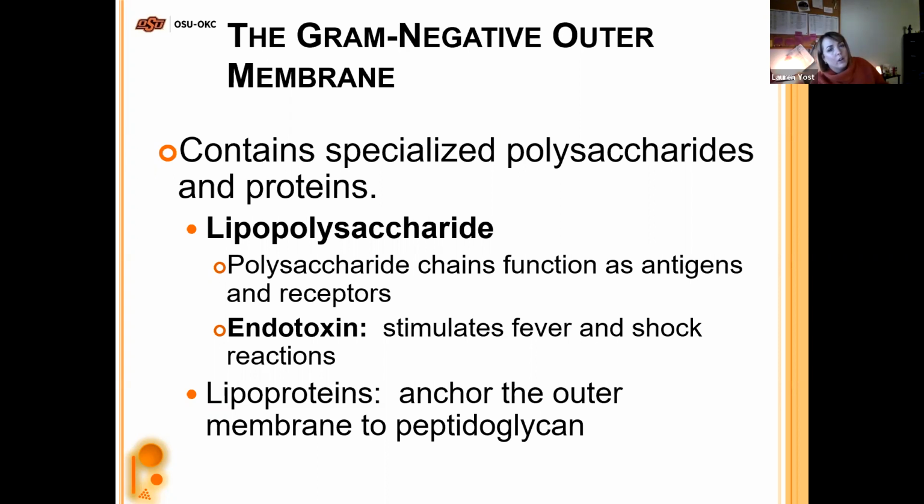Now we've got endotoxin. If you hear endotoxin, you need to think gram-negative. Gram-negatives have endotoxin. Gram-positives do not have endotoxin. I'm not going to confuse you with the stories about the gram-positive stuff. I just want you to focus on that for now. That's all I care about with this.